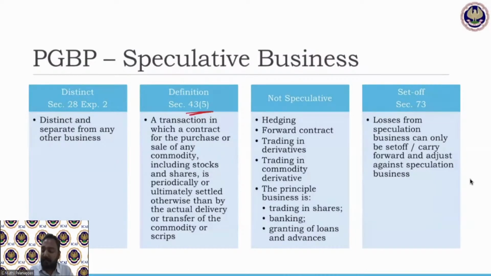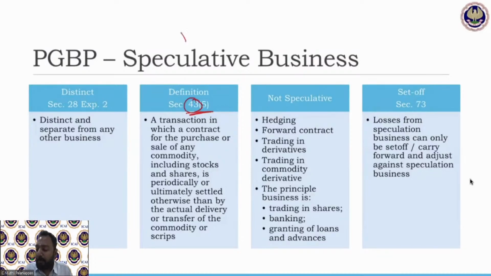Please remember, there is something about this Section 43. We said there will be a definition section in each of the act, right? So Income Tax Act, Section 2 of Income Tax Act is a definition section. Similarly, in Income Tax Act, in some of the chapters, there will be a section which will have definition for that chapter alone.